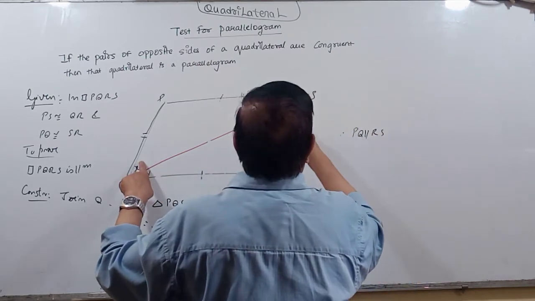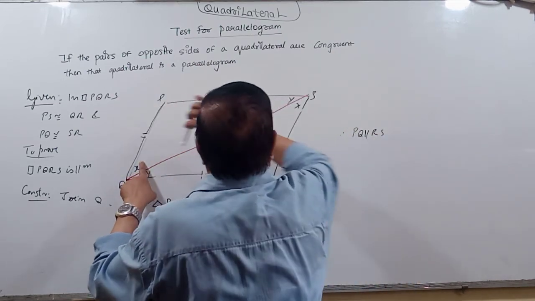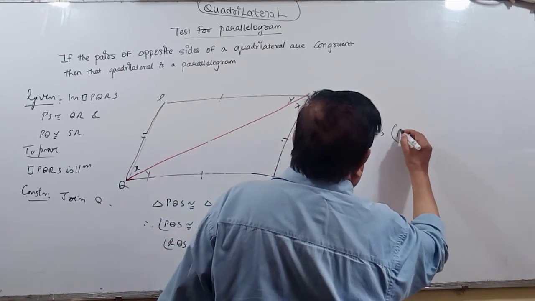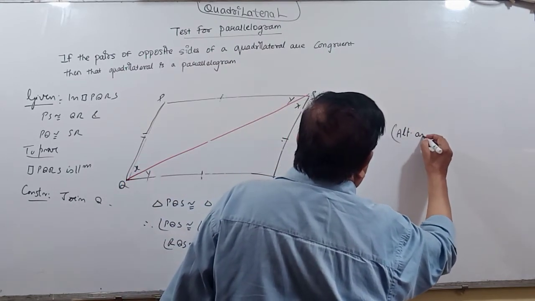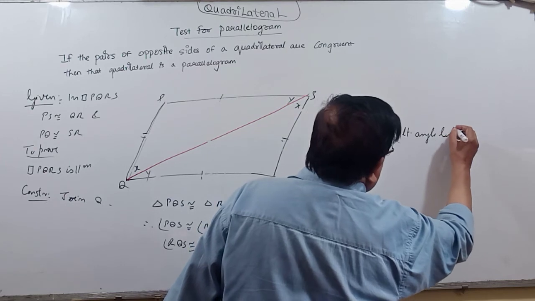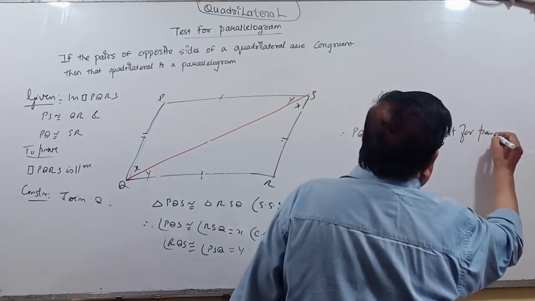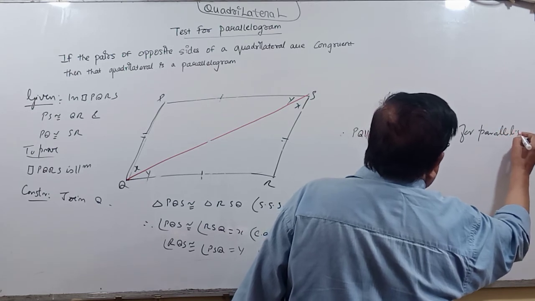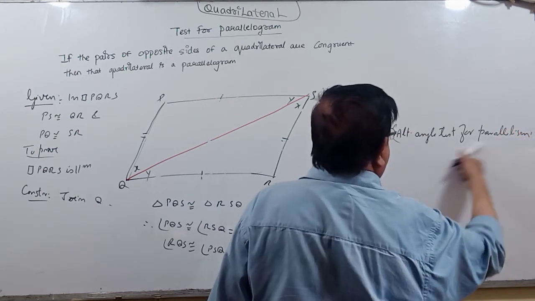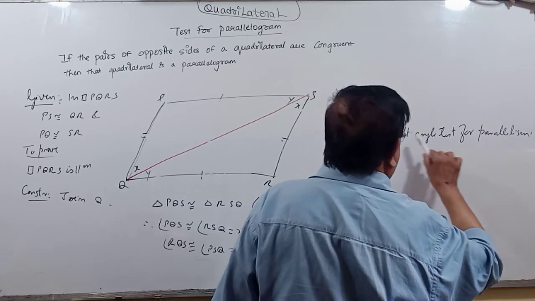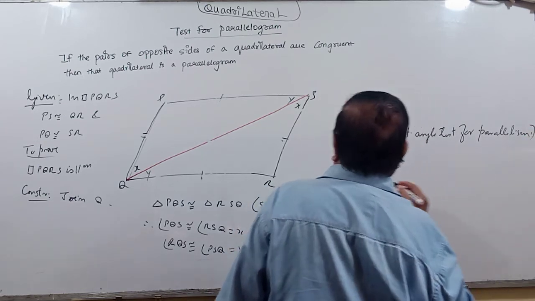This is congruent to this, which means this is parallel to this. Reason: alternate angle test for parallelism.